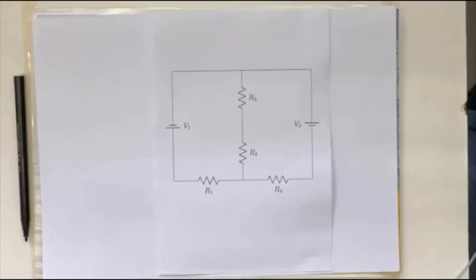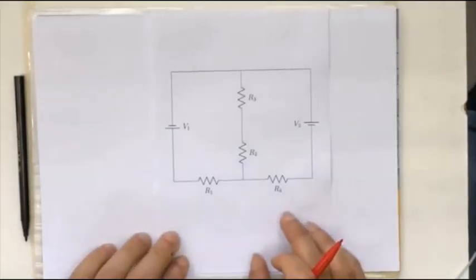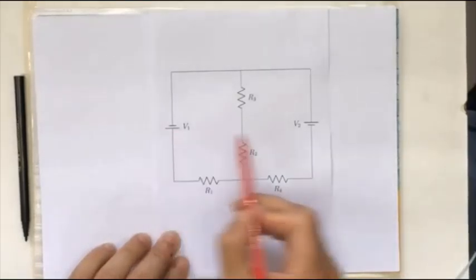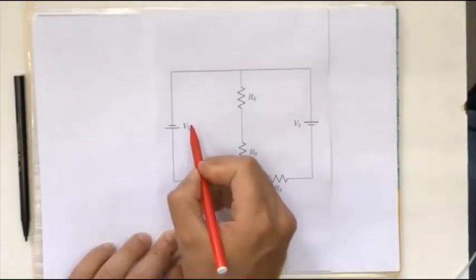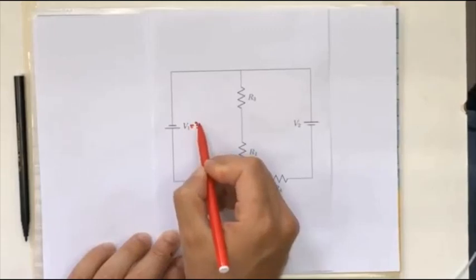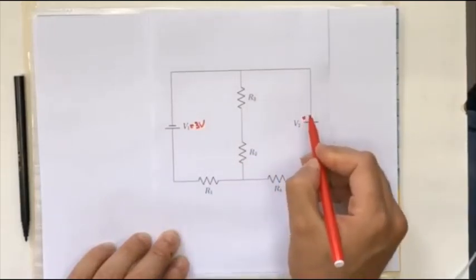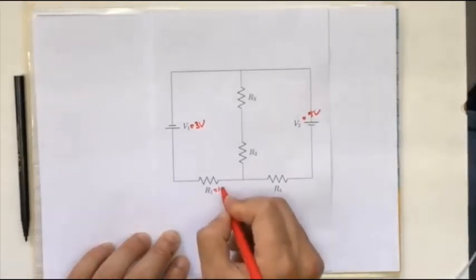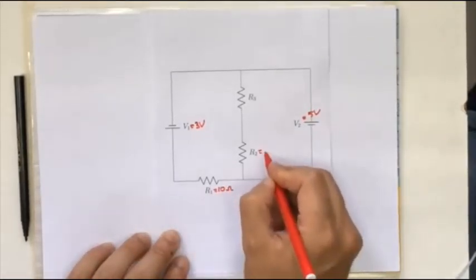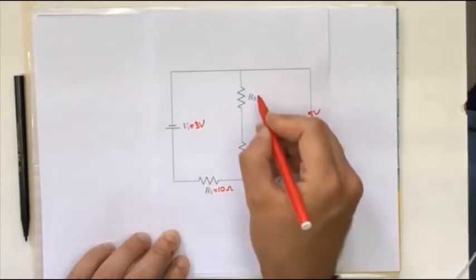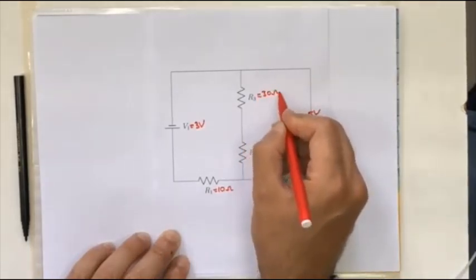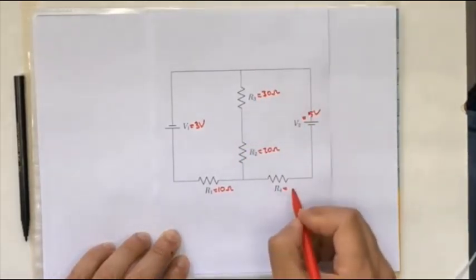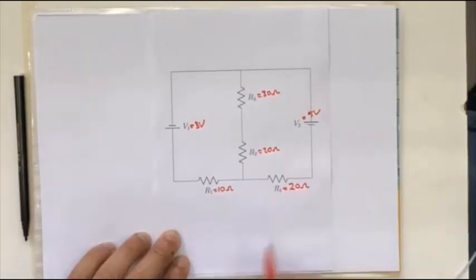Now let's look at the circuit diagram in this experiment. We have two batteries here, V1 and V2, and the value of V1 is 3 volts, V2 is 5 volts. R1 is 10 ohms, R2 is 20 ohms, R3 is 30 ohms, and R4 is rated as 20 ohms.